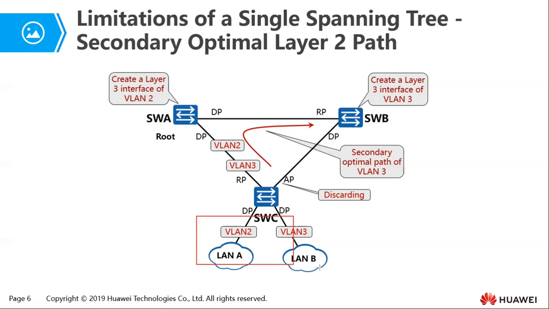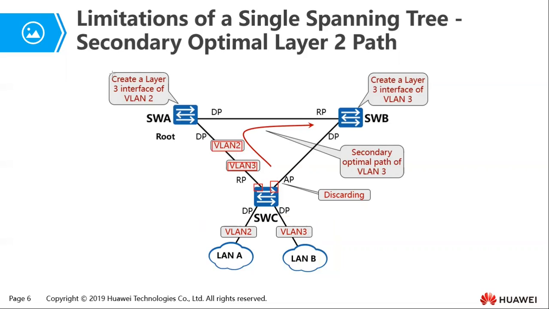We have two LANs. We've configured them with VLAN 1, VLAN 2 and VLAN 3 respectively on switch C there. Then, because this port is blocked, we've configured this trunk port between switch A and switch B to carry traffic for VLAN 2 and VLAN 3.